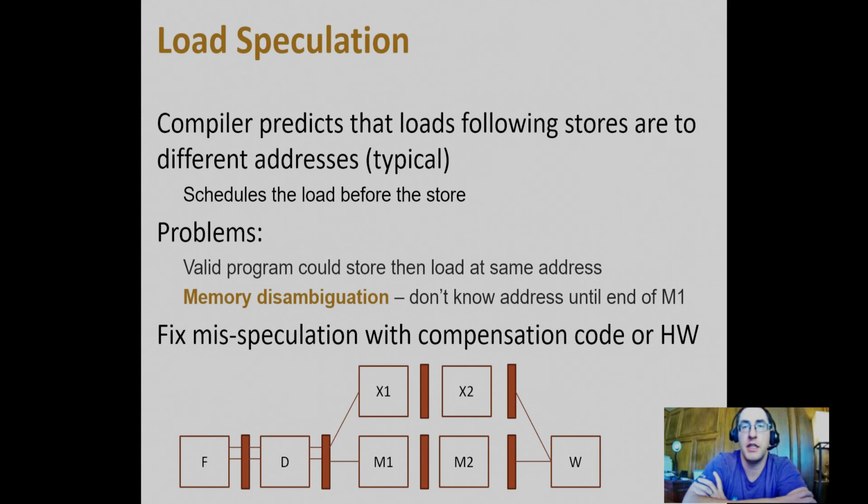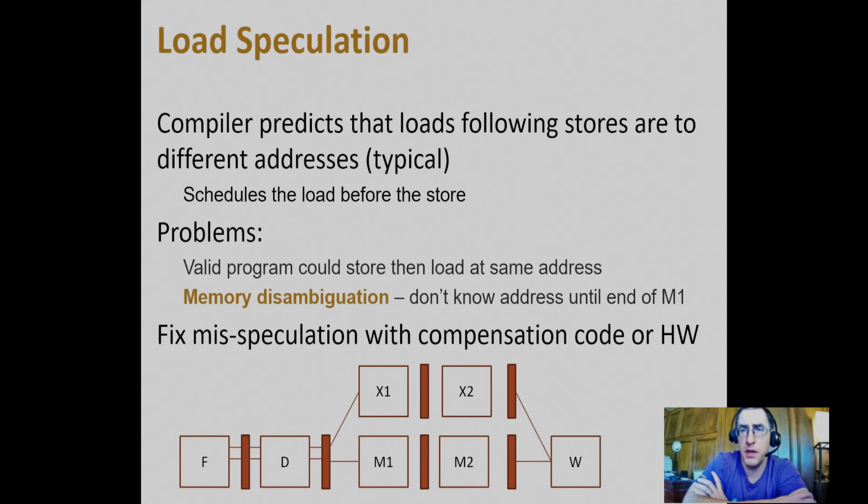Load speculation is an assumption by the compiler that if you store something and then you load something, those are going to be two different addresses. In general, the compiler can't determine this ahead of time. The two instructions could be calculating their effective address from two different registers that have the same value, but the compiler may not be able to determine that. You don't know that until runtime, when the hardware can determine that they had the same value.